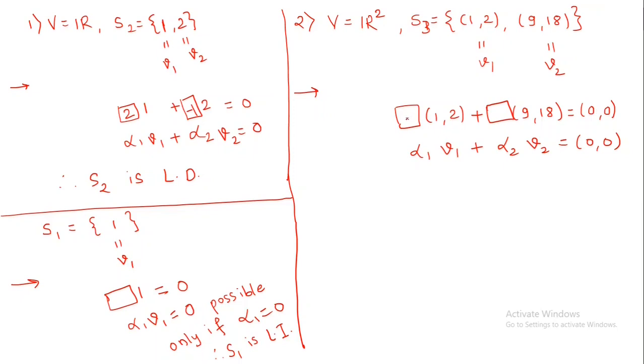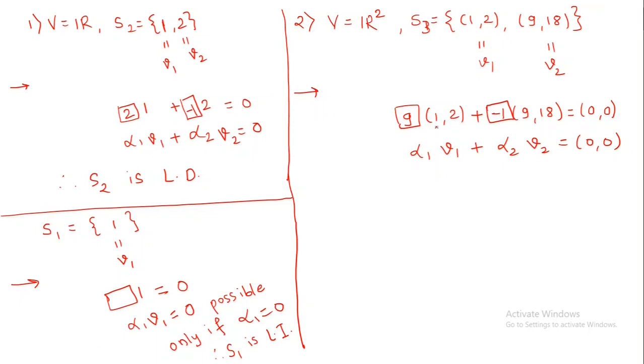I think yes, because I see that the first coordinate is 9 over here, and over here the first coordinate is 1. So if I take 9 over here, then 9 multiplied by 1 will be 9. In order to nullify it, I will try minus 1 over here.